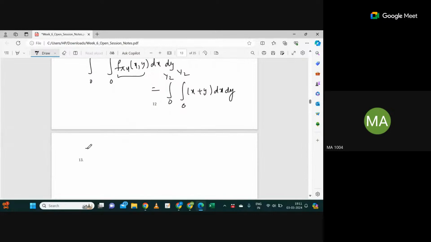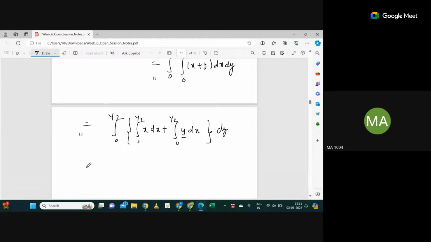If you are integrating with respect to dx, that means we have to consider y as a constant, right? So it will be 0 to half x dx plus 0 to half y dx. Here y is a constant value.